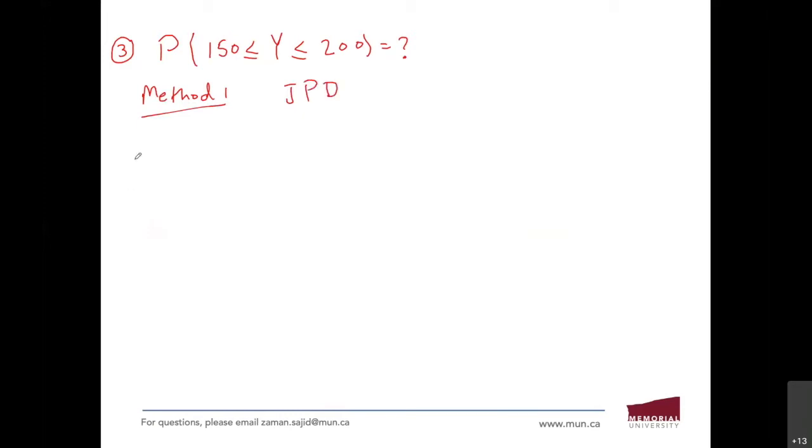In that case, our probability should be: the x range remains the same, between 8.5 and 10.5. However, our y range is the new range. The y is between 150 and 200.